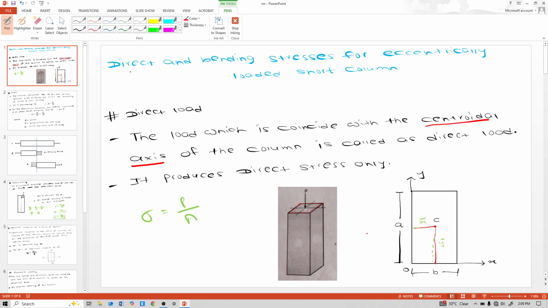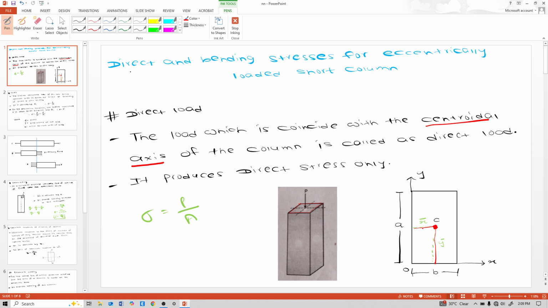So first understand the centroid of an area. The centroid of a figure is defined as the point at which the whole area of the lamina or figure may be assumed to be concentrated. So at this point, the whole area of the figure is assumed to be concentrated.